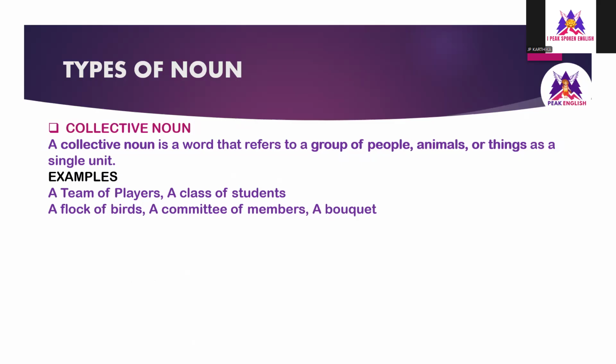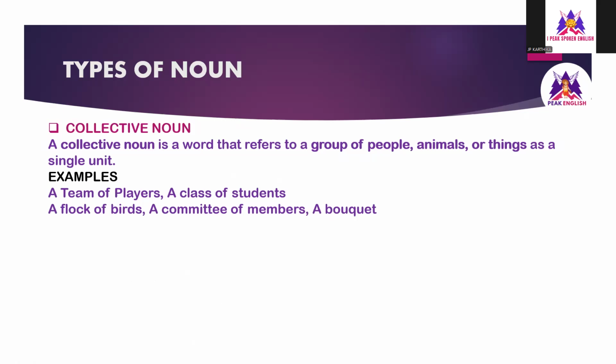So team is the collective noun. And next is flock of birds. Flock means many birds together. That is flock of birds. That's the collective noun. And committee of members. A committee has 4 to 5 or 13 members, many members in a committee. So together we call it a committee. Fine. And jury of judges.